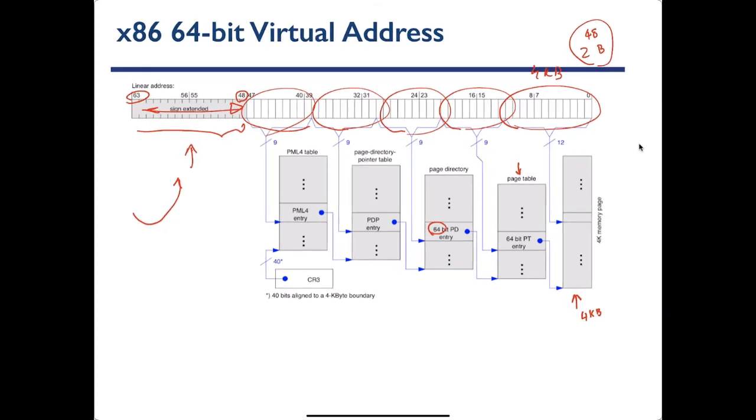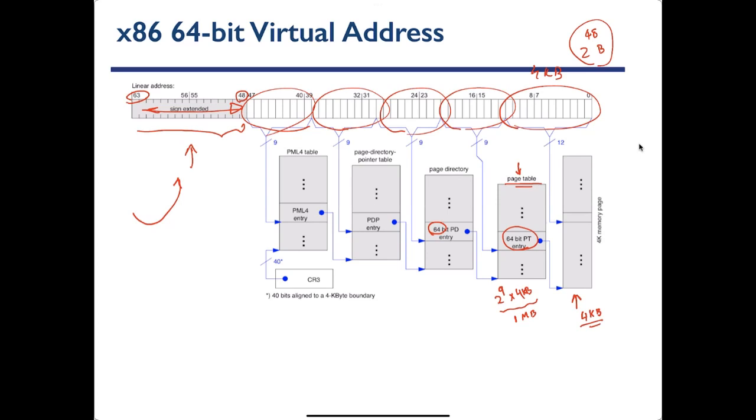It has 2 to the 9 entries, and each entry is going to point to a physical page that has 4 kilobytes. So each page table entry is pointing to 4 kilobytes. The entire page table is pointing to 2 to the 9 pages, and that's basically 2 megabytes.